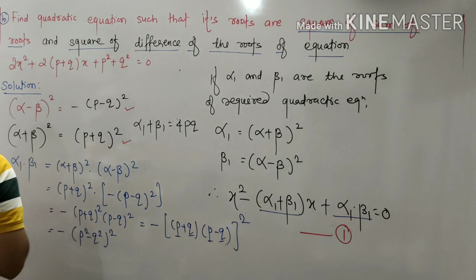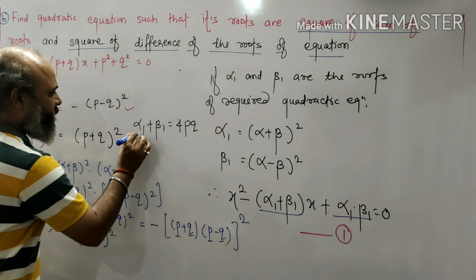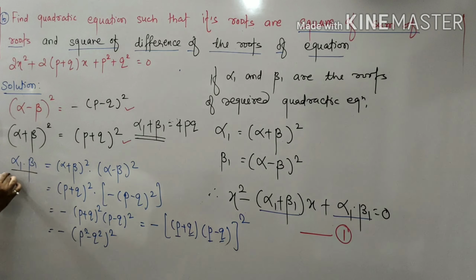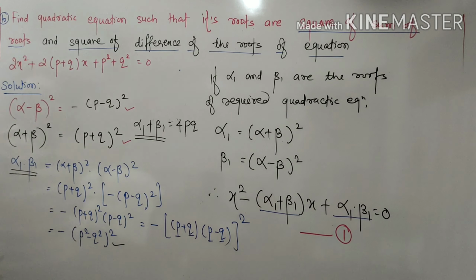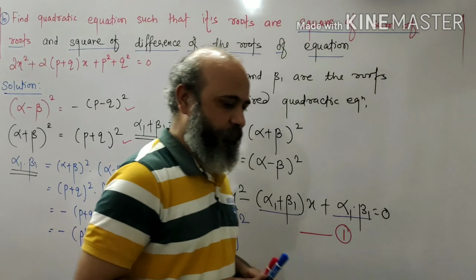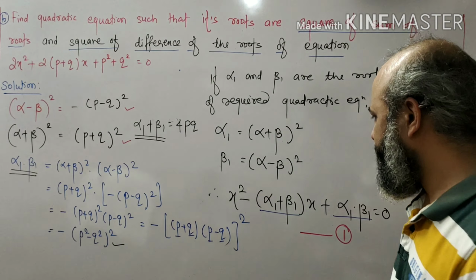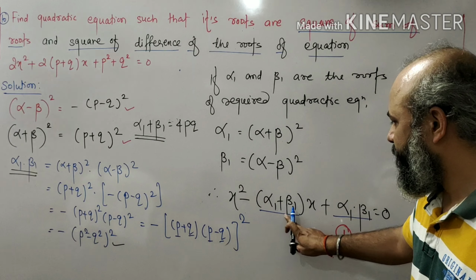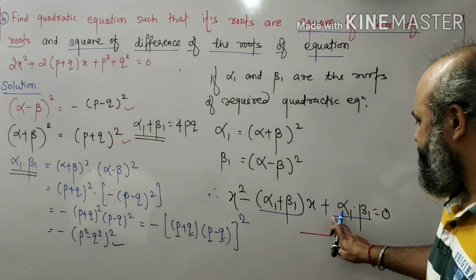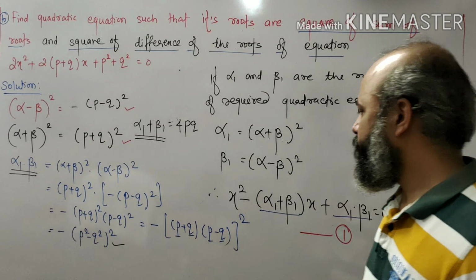Now student, we have the value of alpha 1 plus beta 1, and we have the value of alpha 1 into beta 1, that is minus P square minus Q square the whole square. Now our required quadratic equation is x square minus alpha 1 plus beta 1 x plus alpha 1 into beta 1 equal to 0.